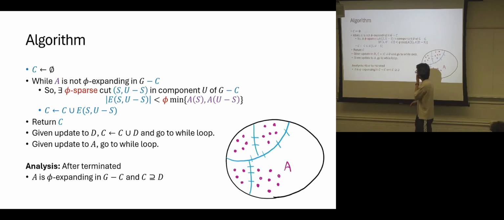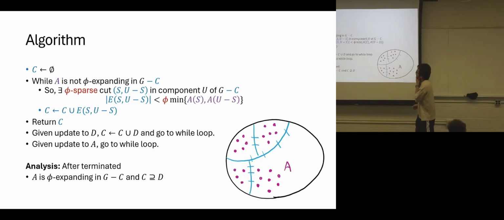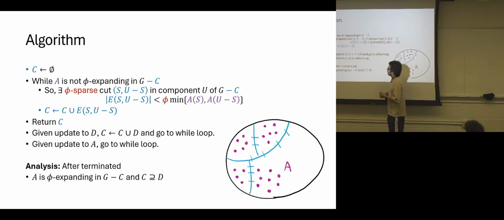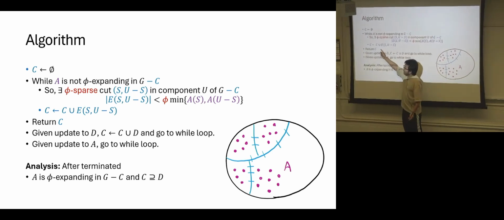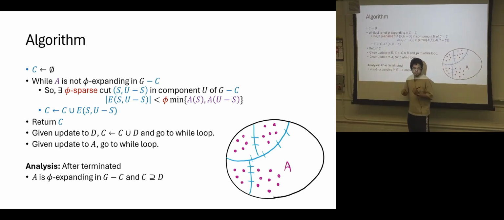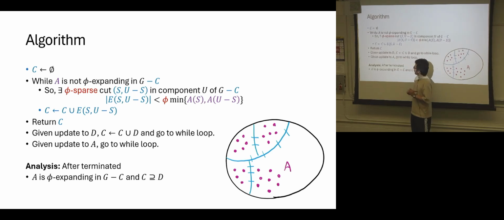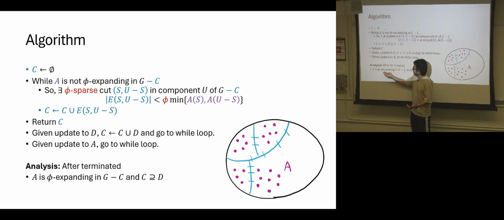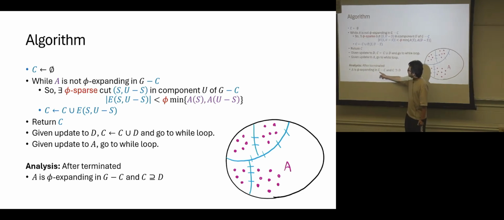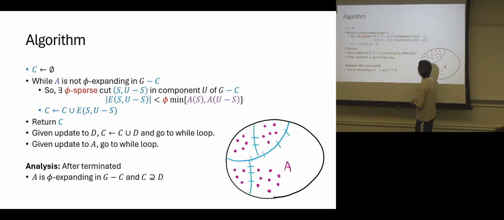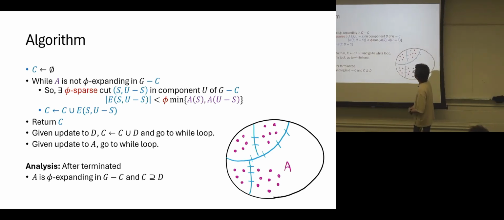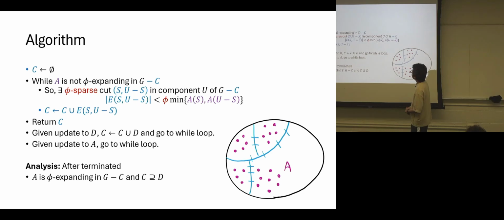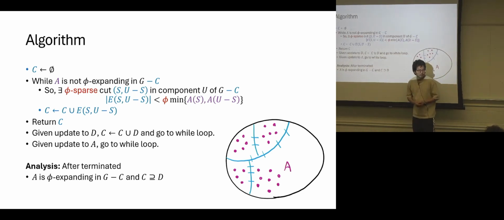With this, it means that our set C will be an incremental set. It only grows. And obviously, once we terminate at any point in time, A will be phi-expanding in G minus C, and C contains D. So what remains is to show that the size of C is small.